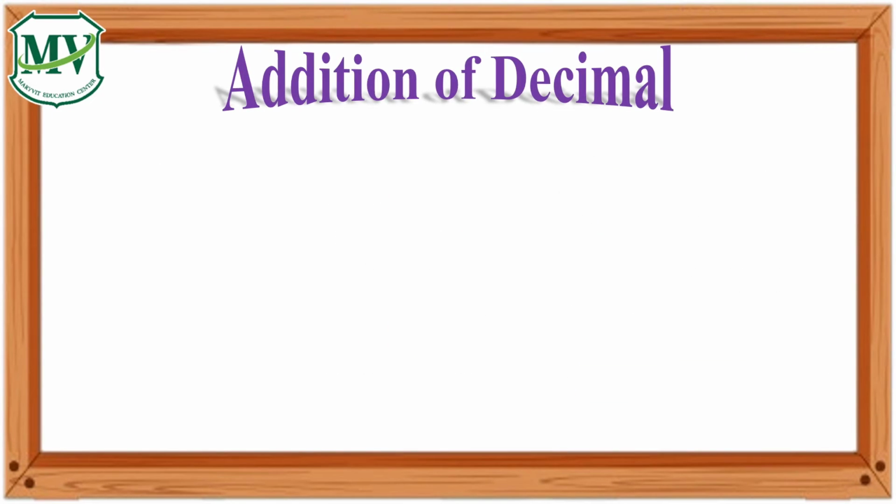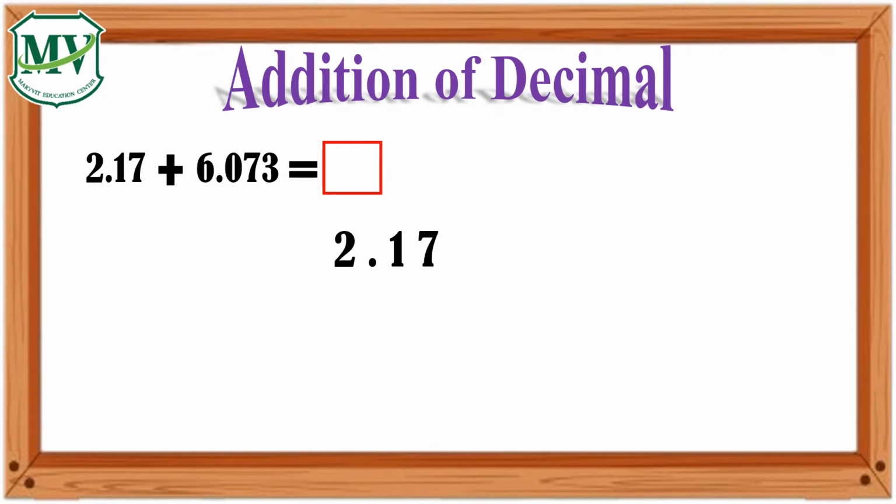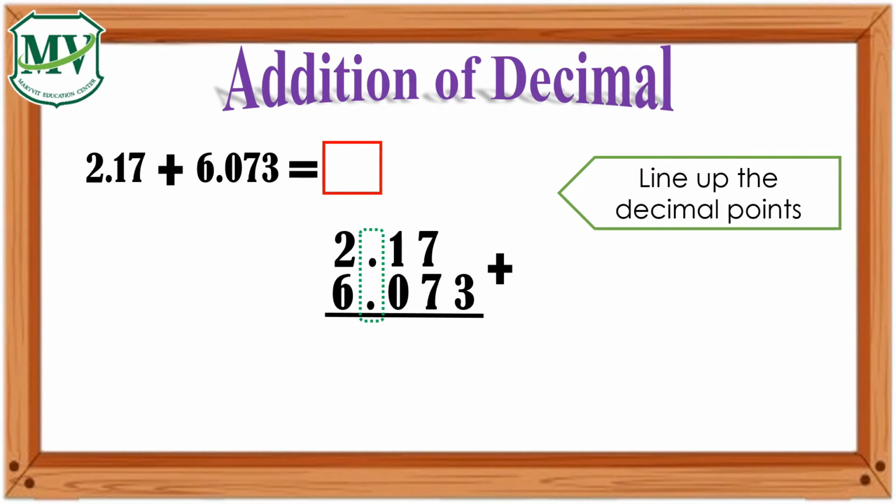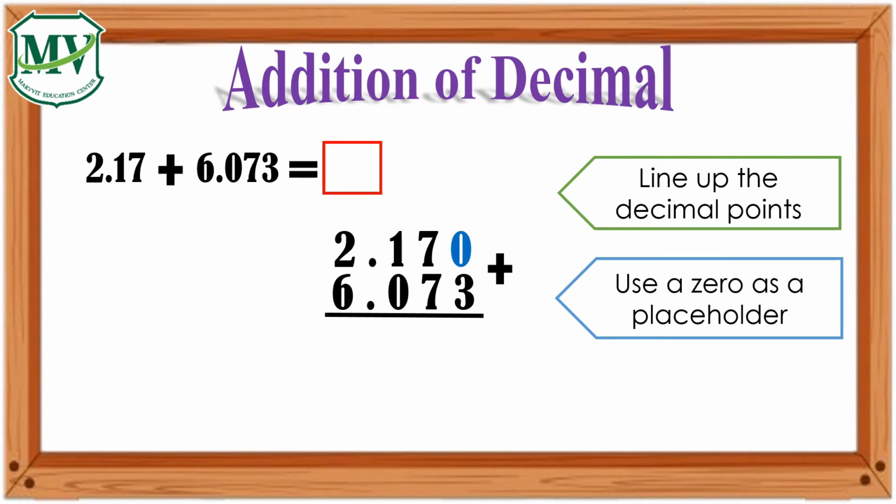Let's have another example. 2 and 17 hundredths plus 6 and 73 thousandths equals blank. First, write the problem vertically to line up the decimal points. Then use 0 as a placeholder to fill in the column.